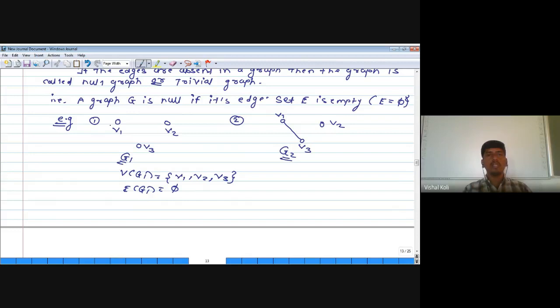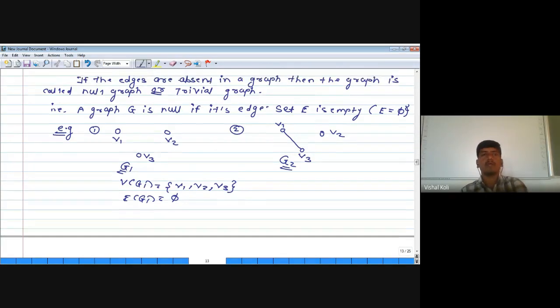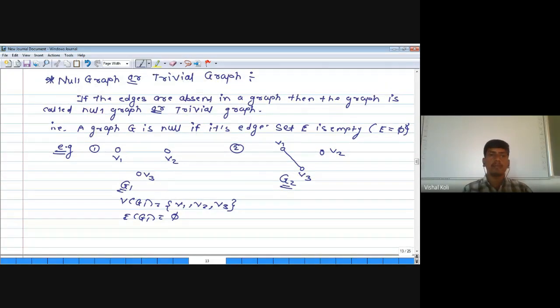Since there is no edge incident on any of these three vertices, the edge set of graph G1 is empty. So according to the definition of null graph or trivial graph, this graph will be a trivial graph since its edge set is empty, which implies G1 is a null graph.